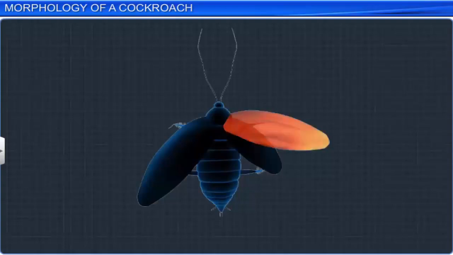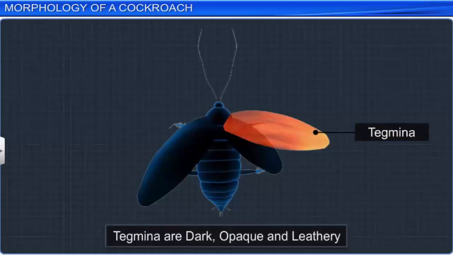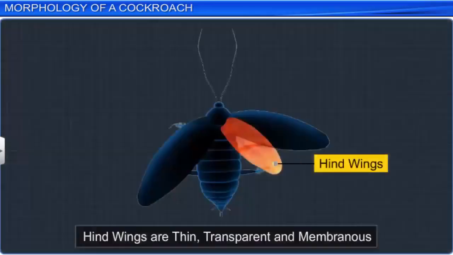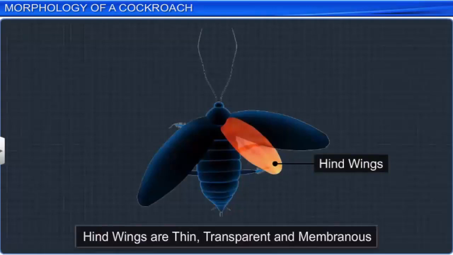The mesothoracic wings, or the forewings, are called tegmina. These wings are dark, opaque, and leathery, and cover the hind wings at rest, while the hind wings are thin, transparent and membranous, and are used in flight.